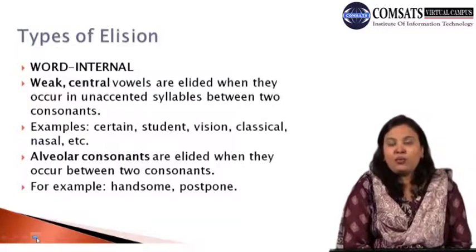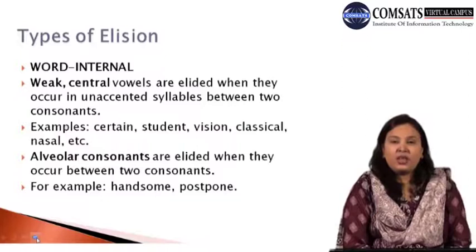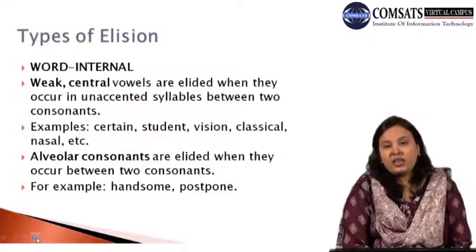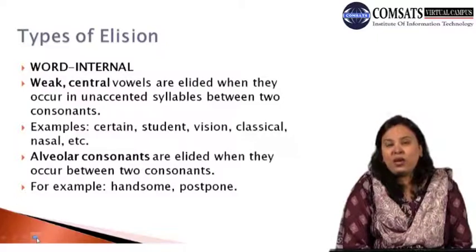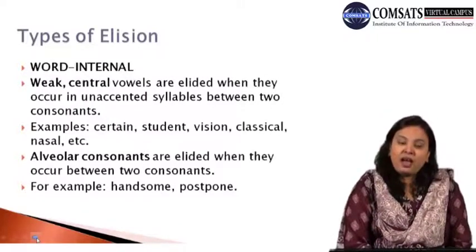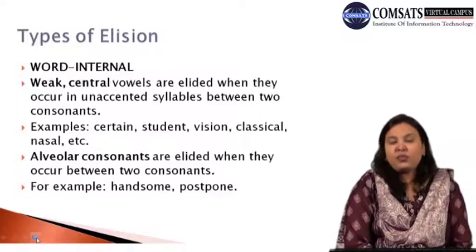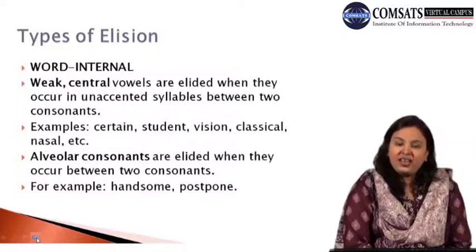We do not pronounce the d sound. The pronunciation is not handsome with a d, rather the exact pronunciation is handsome without it. The d sound is omitted because it is a weak alveolar consonant existing between the sounds n and s, so it is omitted.